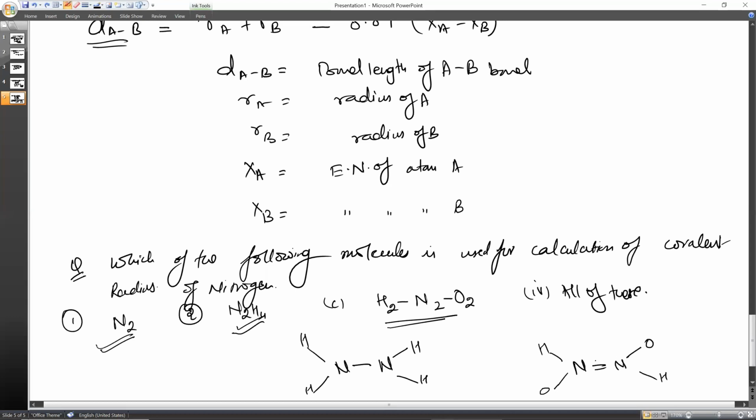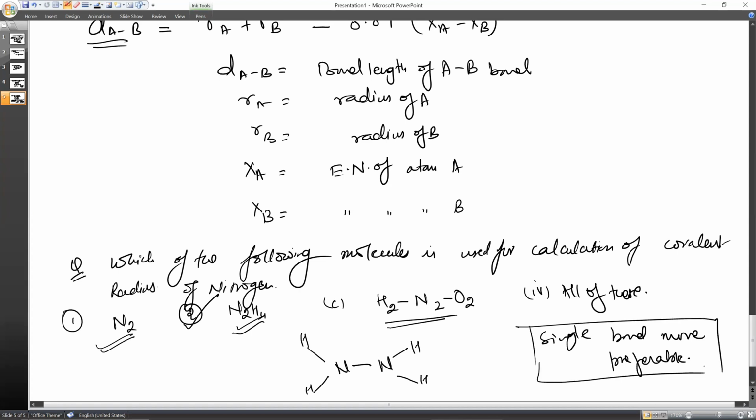So whenever we have a molecule with a single bond, we give first preference to that one. So this will be the correct answer. Are you getting my point? Single bond is more preferable. Please note it down.